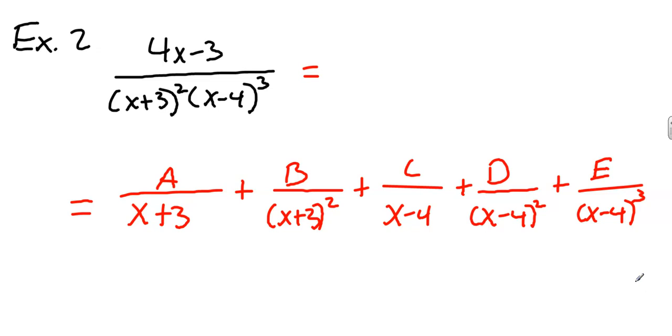And if they ask you just to write out the form of it, and they'll tell you, don't solve for the values, but just write out the basic format, that's all you have to do. I think there's one or two of those where they just get you through the setup on these. And again, the good thing is that they only do the linear factors. If you bump this up to quadratic factors, then your numerators become ax plus b.